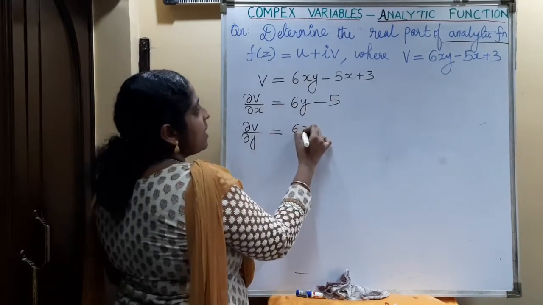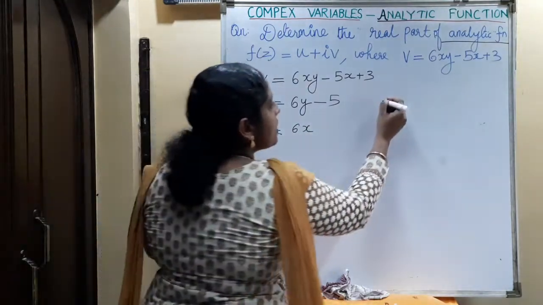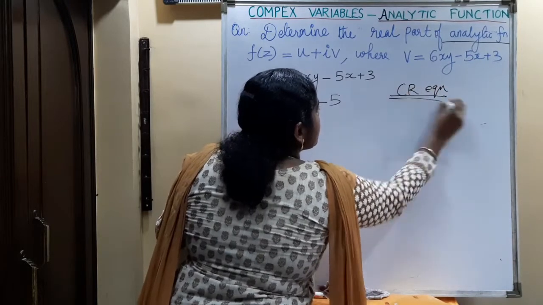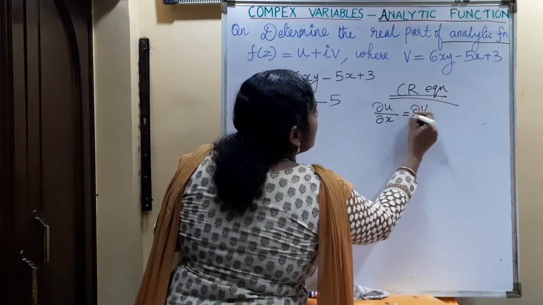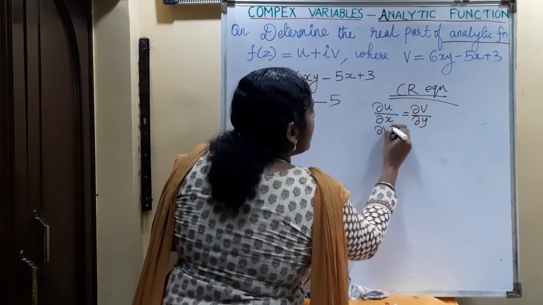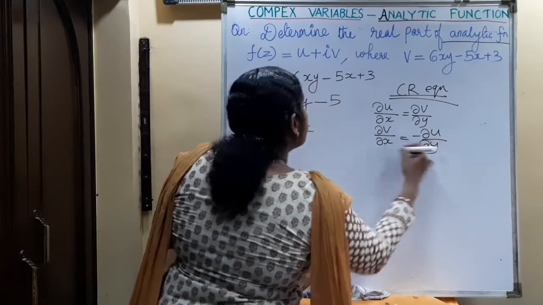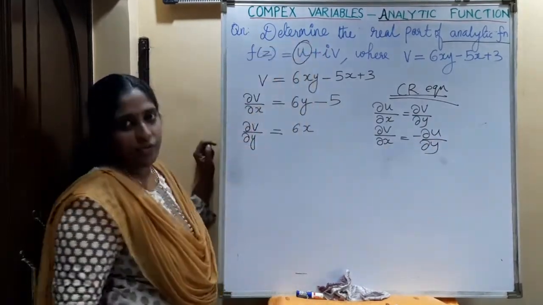What is dou v by dou y? That is 6x. If you are using the Cauchy Riemann equations, what are they? Dou u by dou x is equal to dou v by dou y, and dou v by dou x is equal to minus dou u by dou y. So what we have to find out is the real part, that is u.